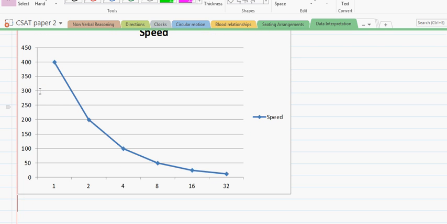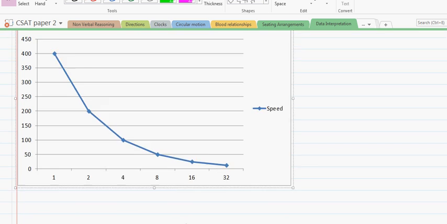So if we plot speed versus time, it would be an inversely proportional graph, right? Which means as time increases, the speed decreases, right? For 32 it has to be 12.5 and so on. So this is an inverse proportional graph.